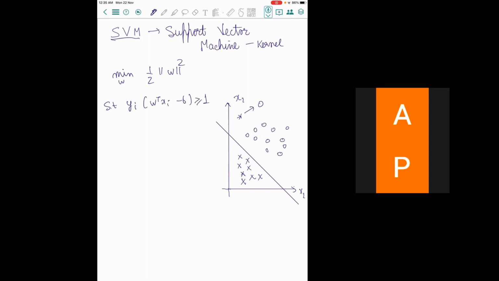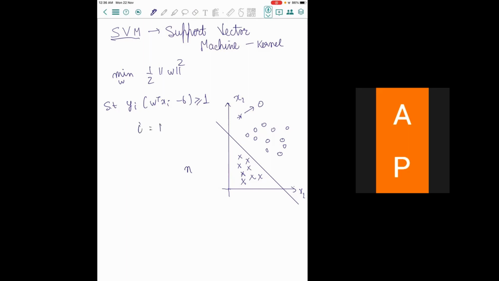So what are these w's and b's? W is basically the slope counterpart of this plane. In this diagram I just have 2 dimensions, but in general we can have n dimensions. Then the divider which will divide the two regions will be an n minus 1 dimensional hyperplane. So this W will be an n-tuple, and then W transpose Xi will make sense.